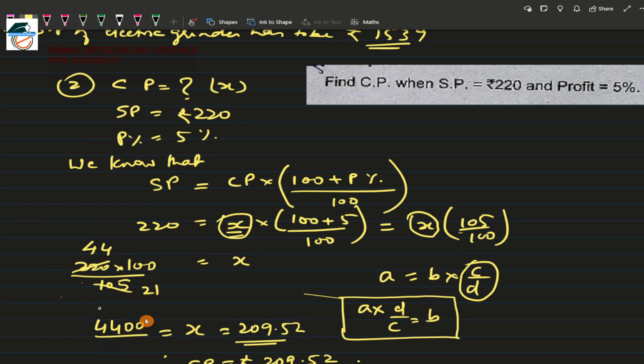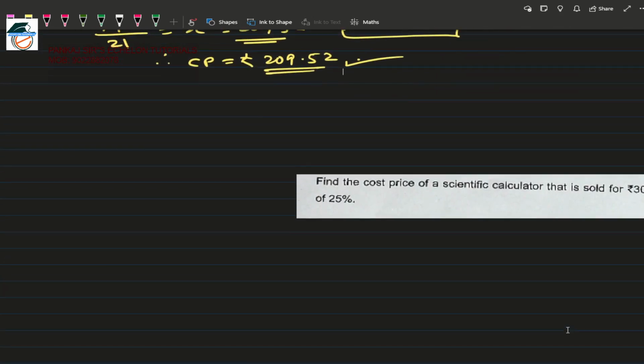And 4400 divided by 21 is equal to 209.52, which is correct now. So that was question number 2 of today's video, and now let us go to question number 3.